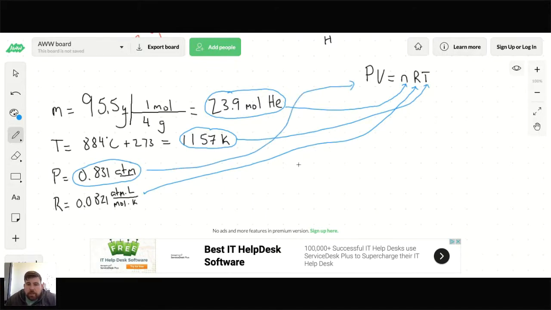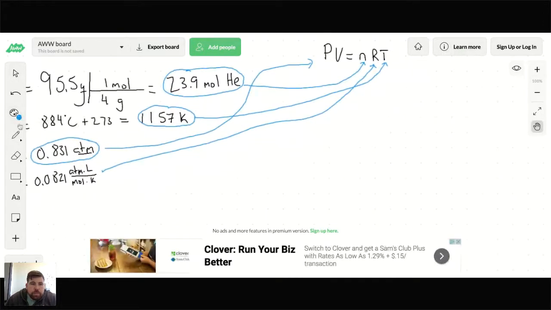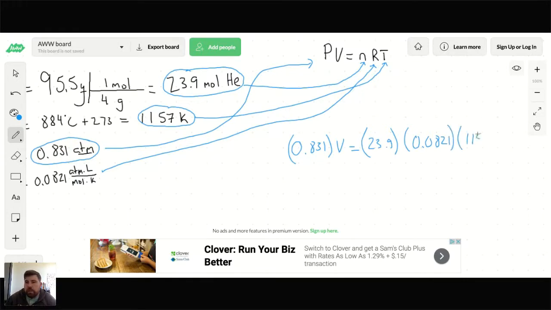So we end up with 0.831 times V is equal to 23.9 times the R value, 0.0821, times our temperature in Kelvin, 1,157, divided by the pressure, 0.831.